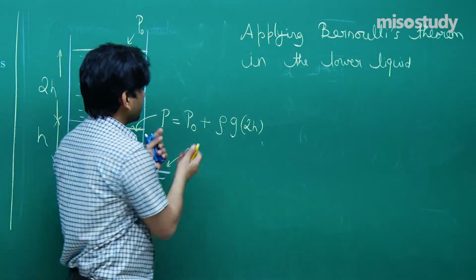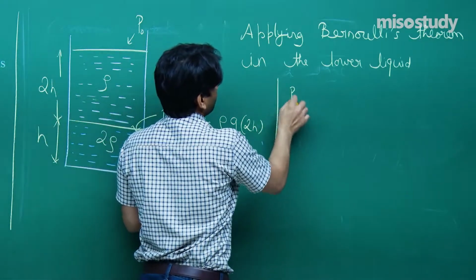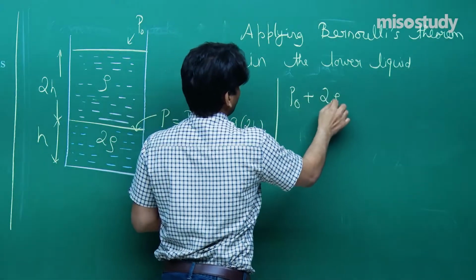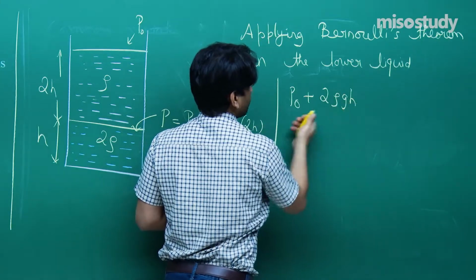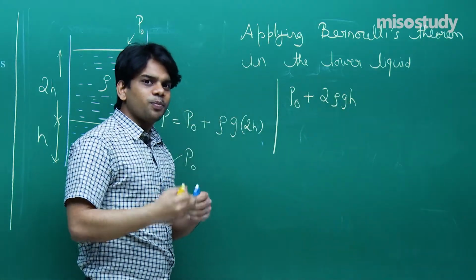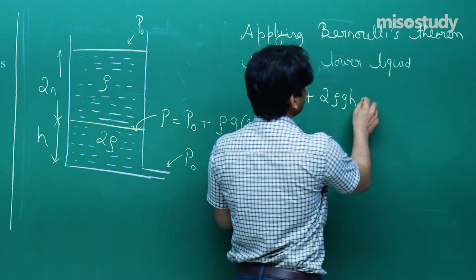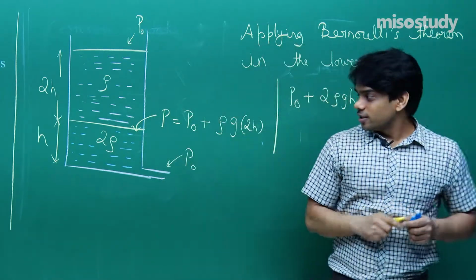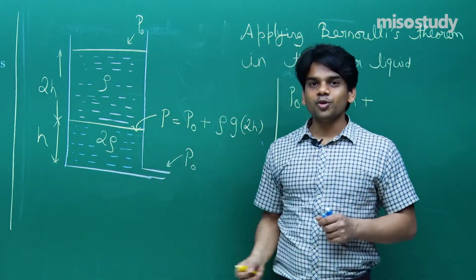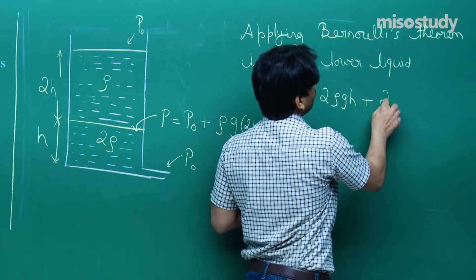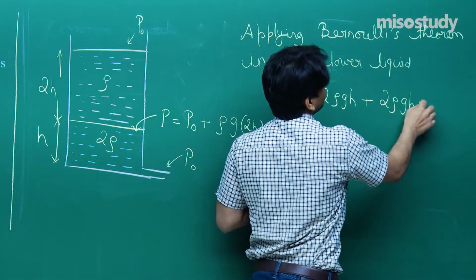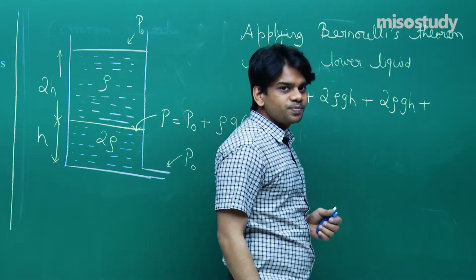The pressure at this part is P naught plus 2 rho g h. So P plus, after this we have to use rho g h, where rho is here 2 rho. So 2 rho g h, this is for the density portion.